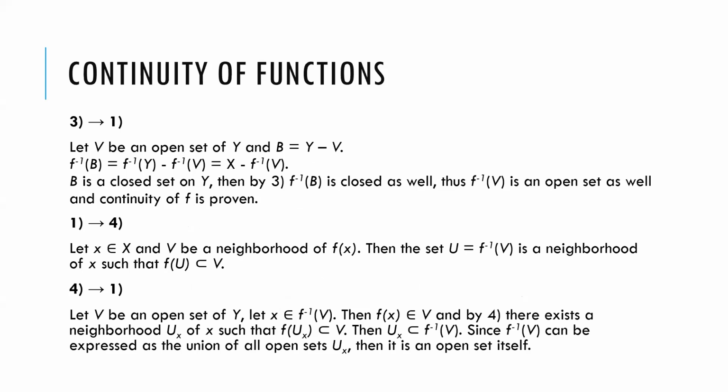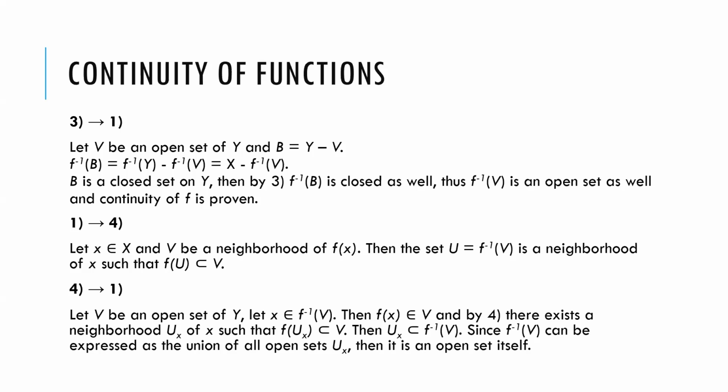So if V is an open set of Y and B equals Y minus V, this would make B a closed set in Y. And the inverse image of B would equal the inverse image of Y minus the inverse image of V, which would equal X minus the inverse image of V, which would be a closed set in X as well.